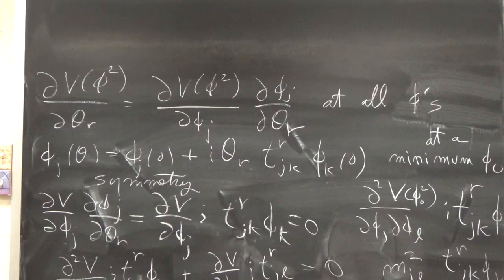So you take the vacuum vector, multiply by T_R. There is an eigenvector of the mass squared matrix with eigenvalue 0, so a massless Goldstone boson.